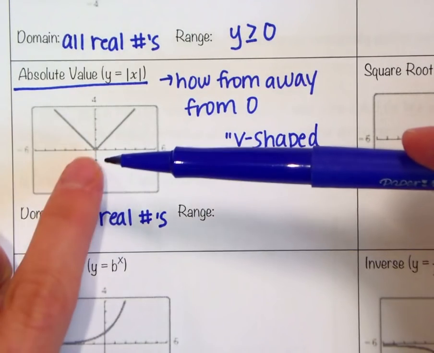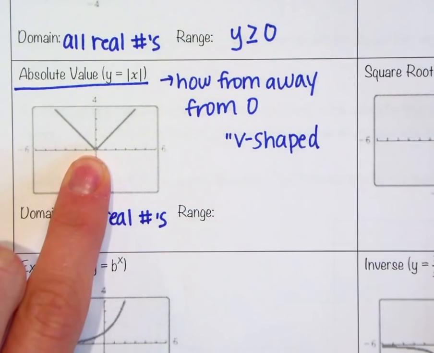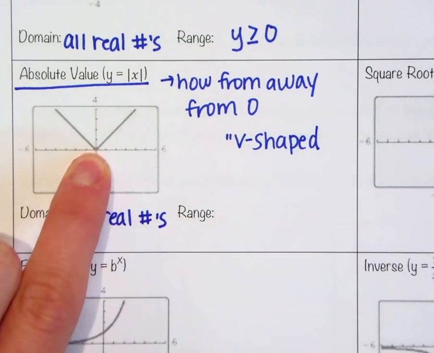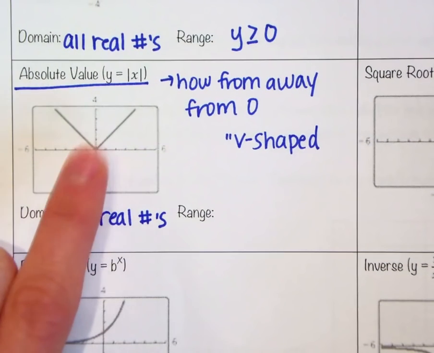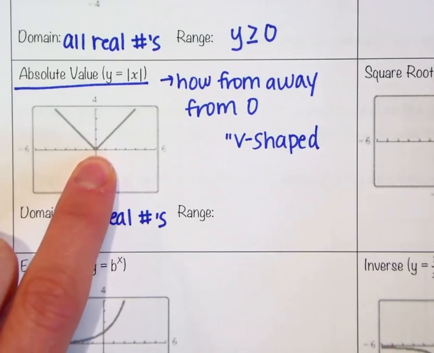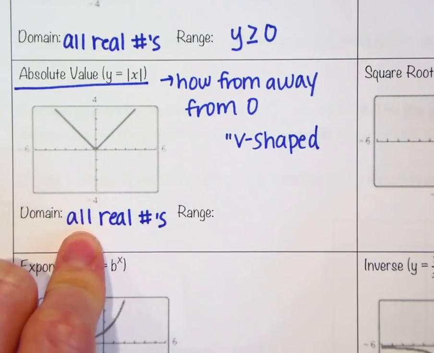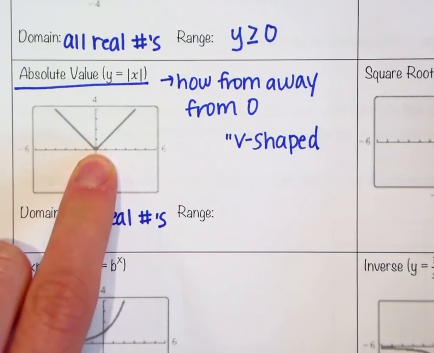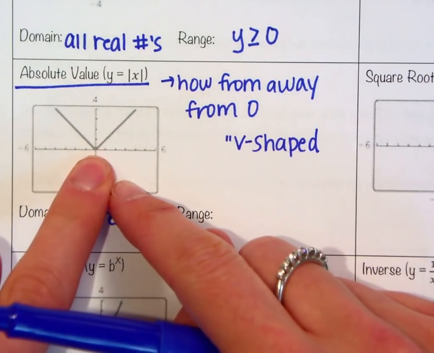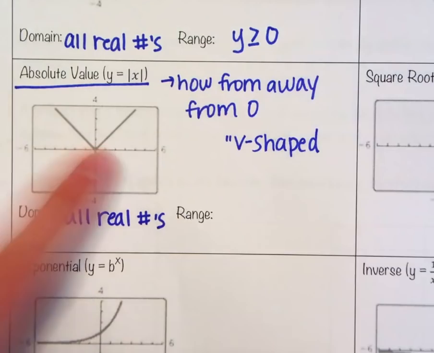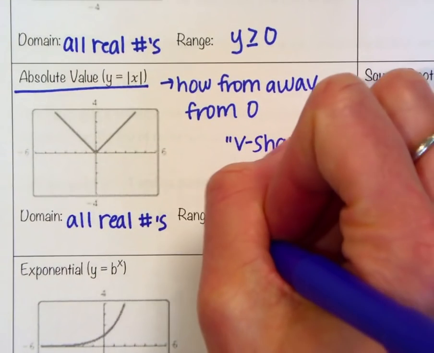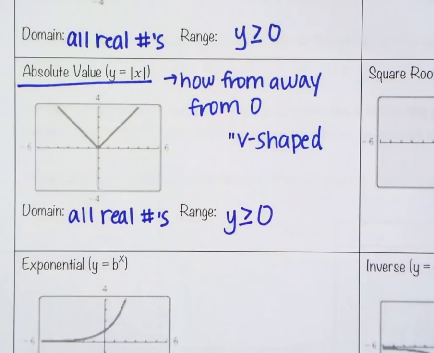So my smallest y value, this isn't really called the vertex because that's specific to a parabola, but you can kind of think of it that way. This bottom point right here, nothing is below that bottom point. So the y values of this function start at this point and are only above that. So my range would be y values that are greater than or equal to 0.